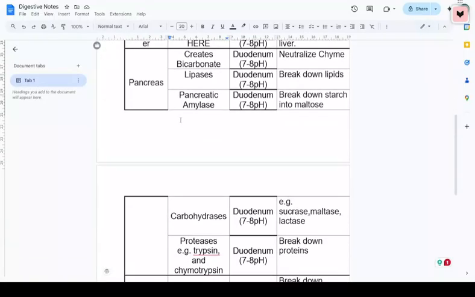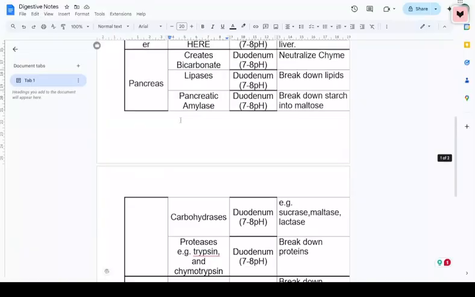Pancreas. The pancreas is one of the most important things in our entire digestive tract. First it has bicarbonate, which neutralizes all the stomach acid so that your small intestine doesn't completely break down. That's the first thing it does. Then it also creates lipase, which breaks down lipids that got broken down by the bile.